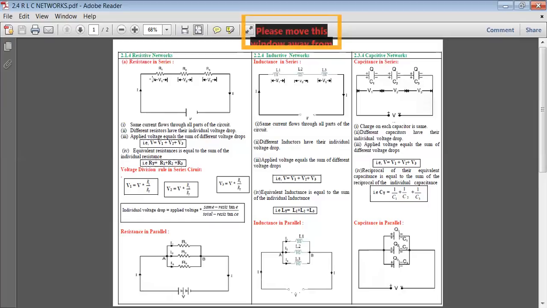It is a continuous connection, then I call it a series. Now this is the diagram.